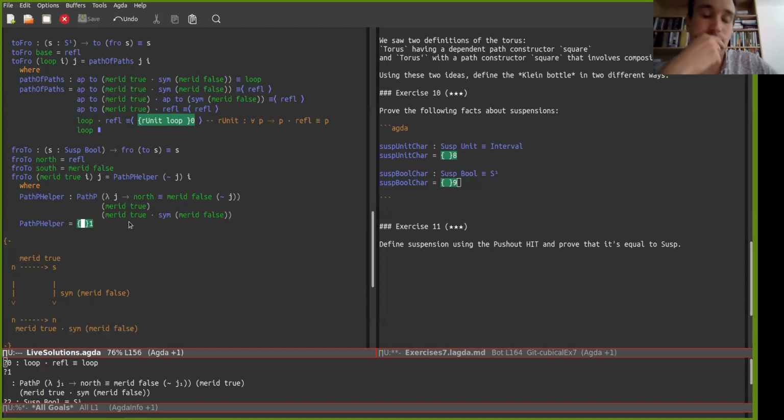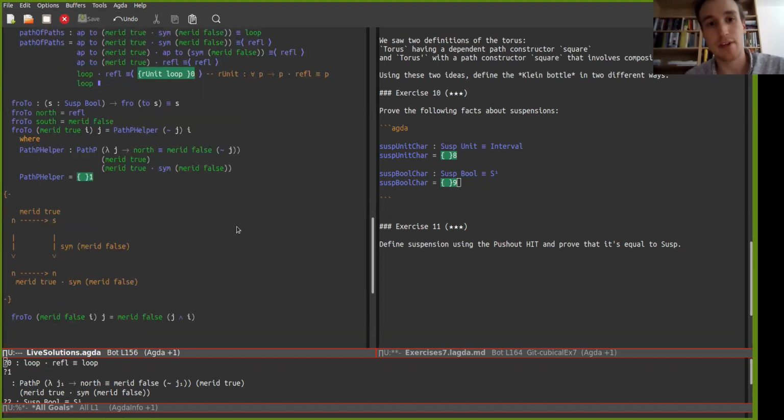I don't know if I can add any. Yeah, exactly. If you look at it in the library, you see this square maybe flipped. Yeah, flipped like this. And these squares have fillers. So this path P has a canonical inhabitant.